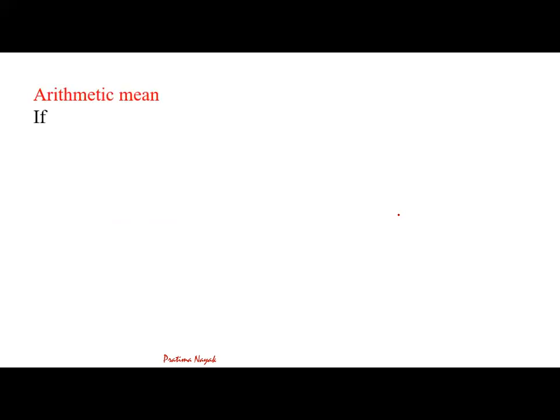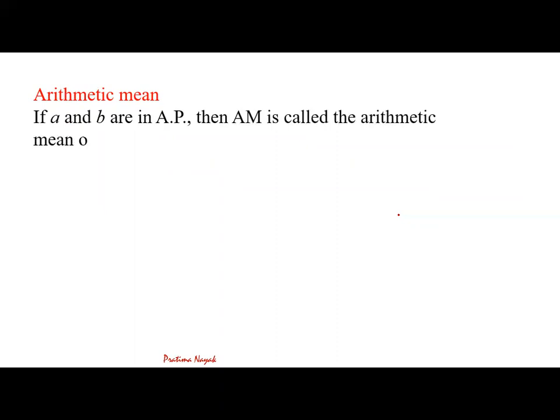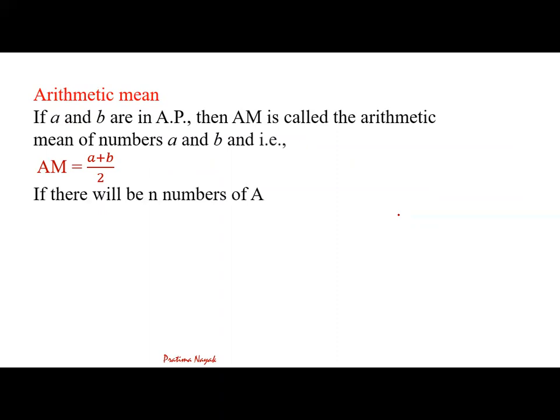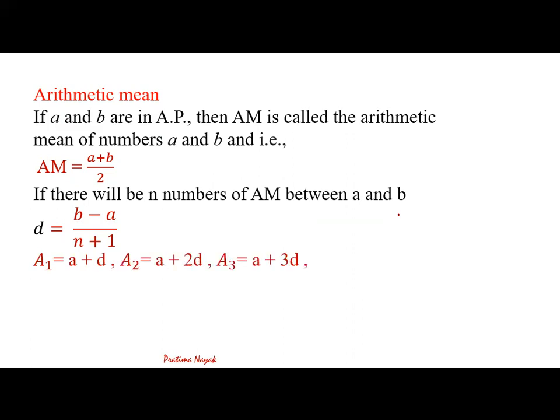Arithmetic mean: the mean between a and b, which are in AP, is called the arithmetic mean of the numbers, and it is calculated by the formula (a + b)/2. If n arithmetic means have to be inserted between a and b, then we may directly apply d = (b - a)/(n + 1). Then the first mean will be a + d, the second mean a + 2d, the third a + 3d, and so on.